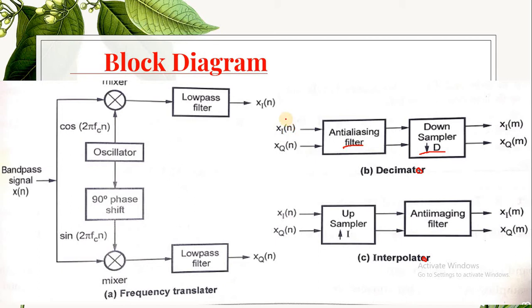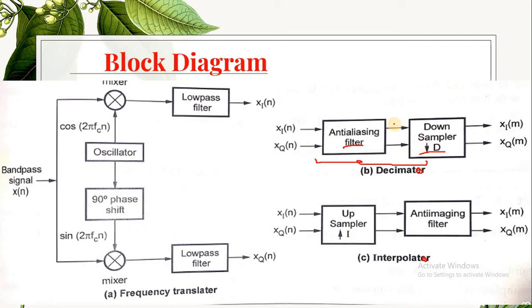These two, xi of n the in phase component and xq of n the quadrature phase component, are the inputs for this anti-aliasing filter. The anti-aliasing filter together with the downsampler is called a decimator. Now the question arises, what is meant by downsampler?